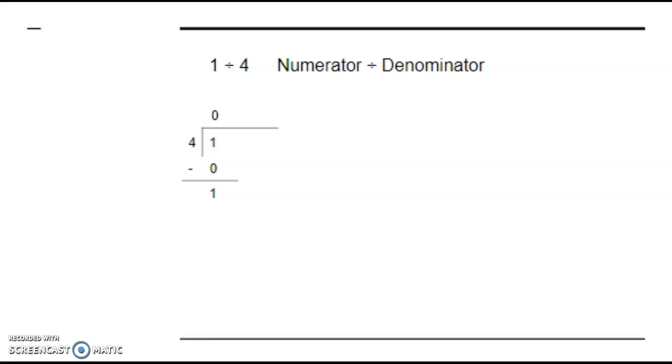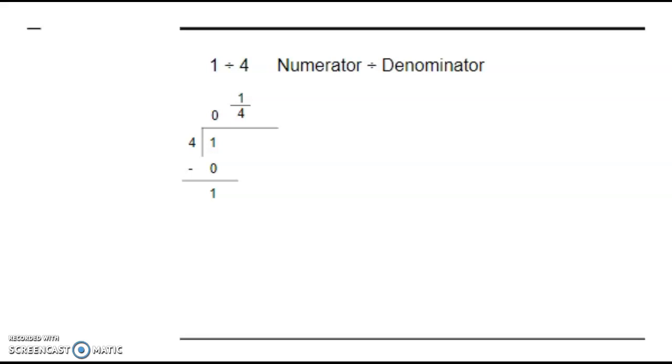So in this case, my 1 becomes my numerator, and my 4 stays as our denominator, because we have 1 entire piece that is up at the top and it's being divided by 4 equal pieces. So our denominator does not change. Our denominator stays the same as our divisor. So this becomes 0 and 1/4.